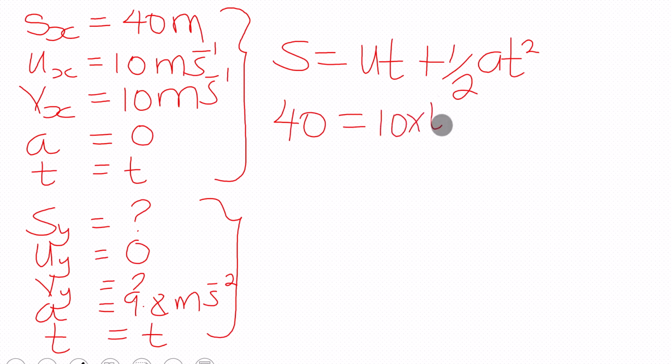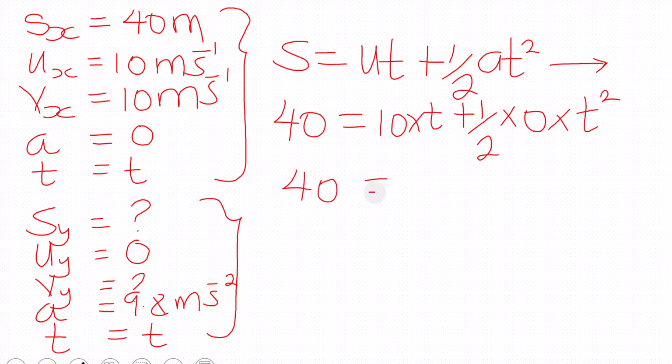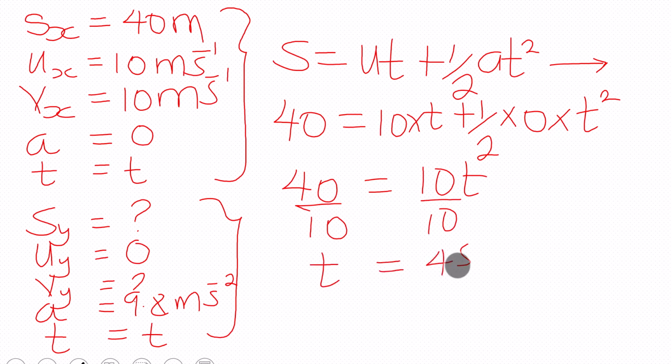Time I do not have, plus a half, and here we are considering horizontal direction, and acceleration will be 0, then times t squared. So here I will have my 40 equaling 10t. I divide by 10, I divide by 10. So my time will be 4 seconds.